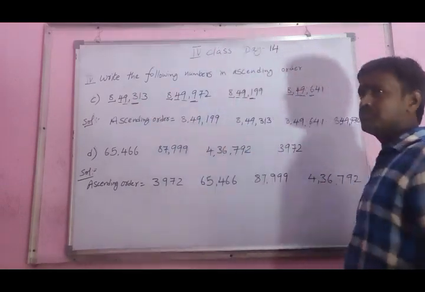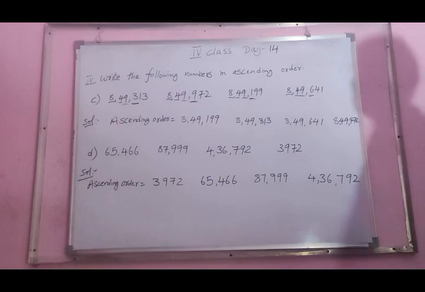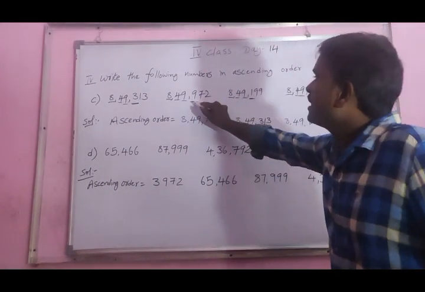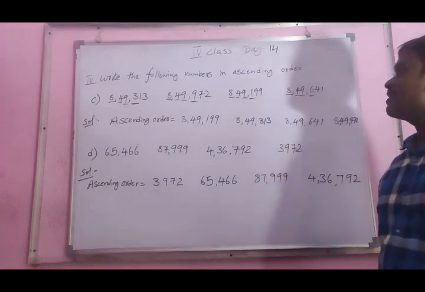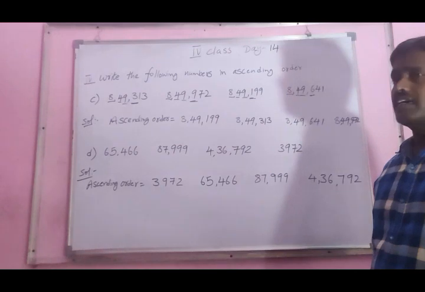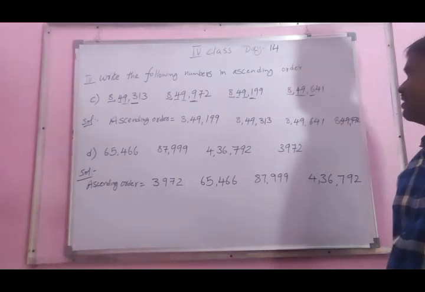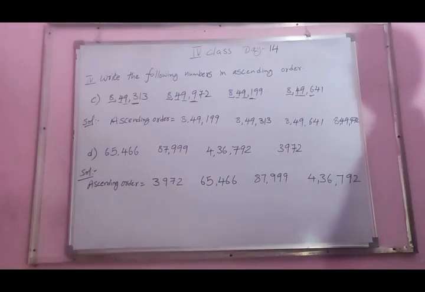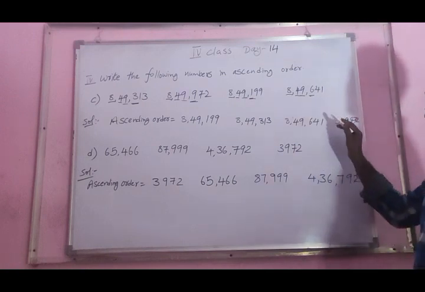Next, the 100 places are 3, 9, 6. Yes, we know that 3 is a small number, then the remaining two digits 9 and 6. Second number is 8,49,313. Next one is 6 and 9. 6 is the small number than 9.